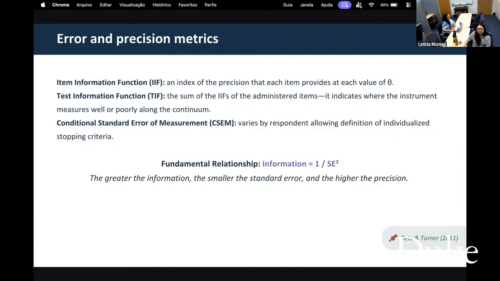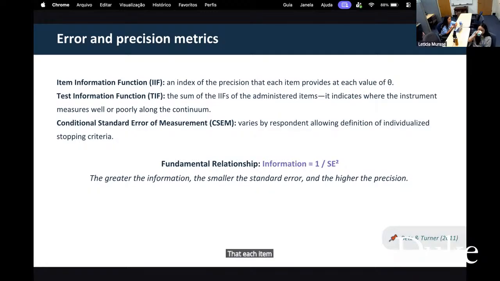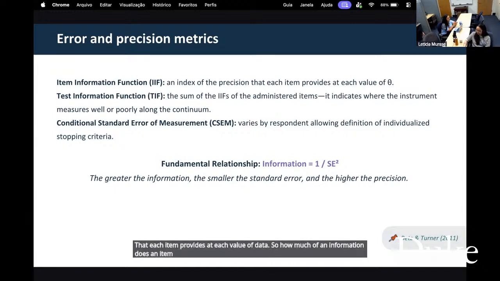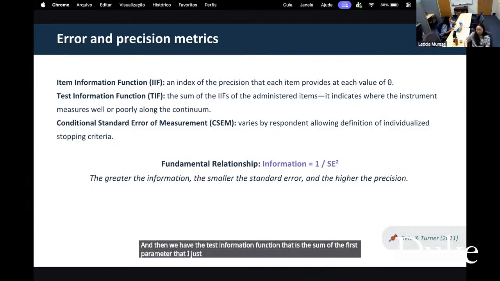So here we have the parameters that are very useful for adaptive testing, which is the item information function, an index of the precision that each item provides at each value of theta. So how much information is an item capable of giving? And then we have the test information function, which is the sum of the item information I just mentioned.